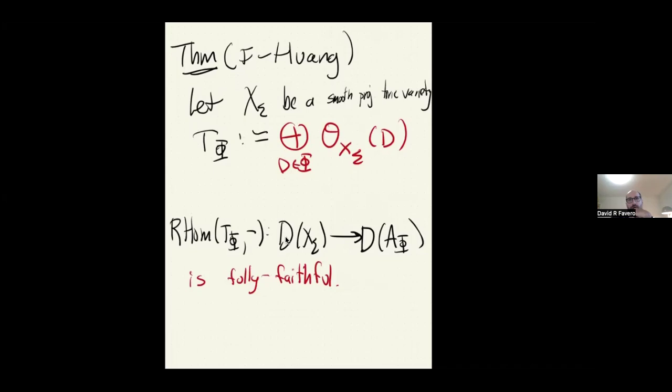So Alexei described exactly that: you can take all of your boundary divisors of your toric variety, and you can look at their intersection with curves.